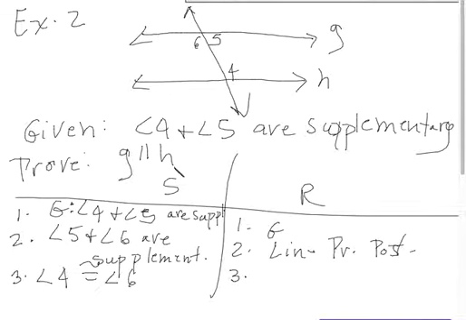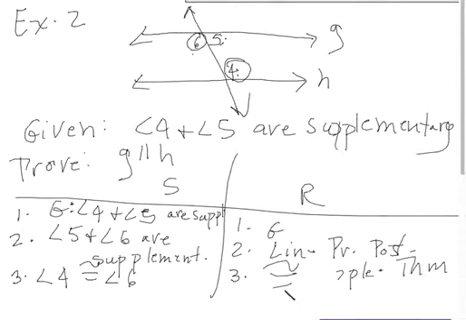So this is saying, I was told that 4 and 5 are supplementary, and I know that 5 and 6 are supplementary. So what do I know about 6 and 4? They've got to be congruent, because of the congruent supplements theorem.